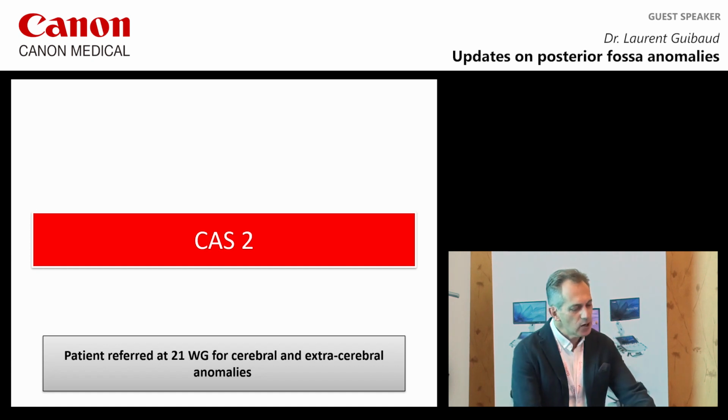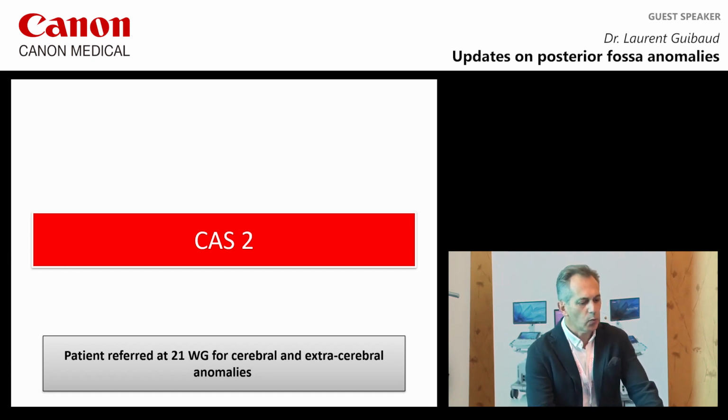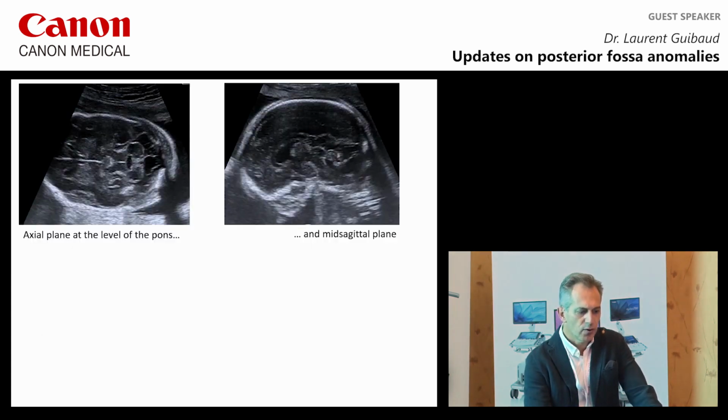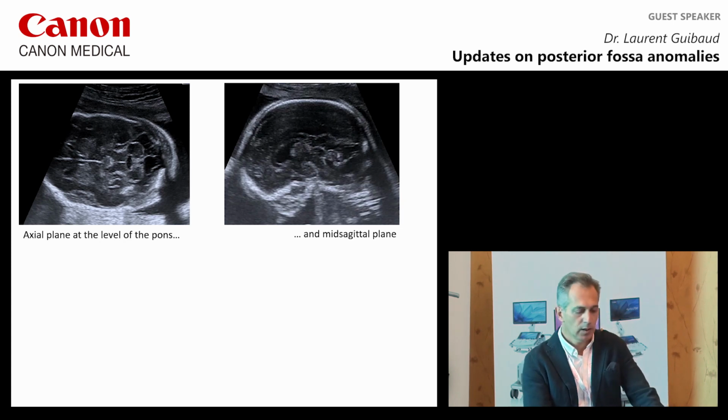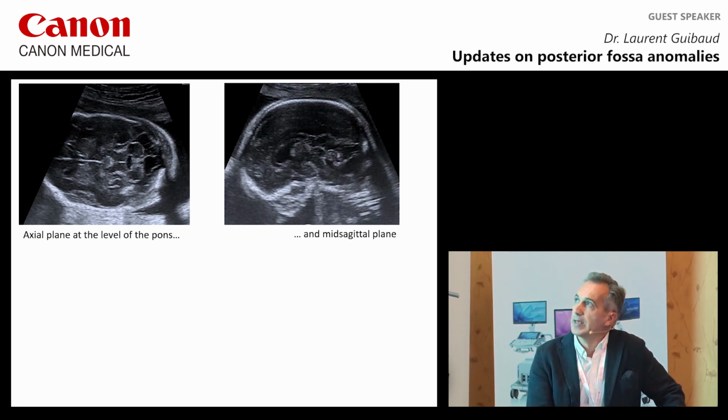Case 2: the patient was referred at 21 weeks of gestation for cerebral and extracerebral anomalies. Just have a look at the posterior fossa, an axial plane at the level of the pons, and a mid-sagittal plane. You can see that there is communication between the inferior part of the fourth ventricle and the retrocerebellar fluid space.